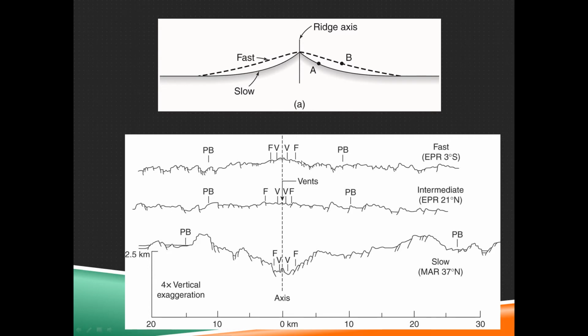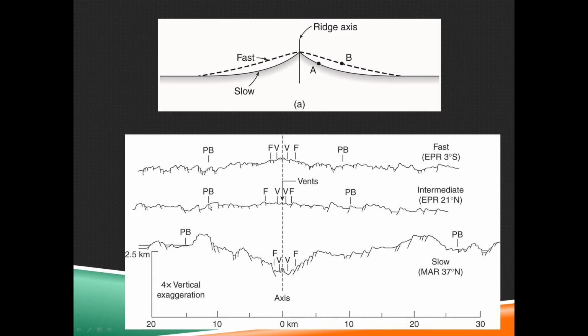So this fast-spreading ridge, no trough in the middle, just a peak slowly moving away with inconsistencies. It's not a straight line like up in the little dashed cartoon. These are actual cross sections, but no trough in the center at all.